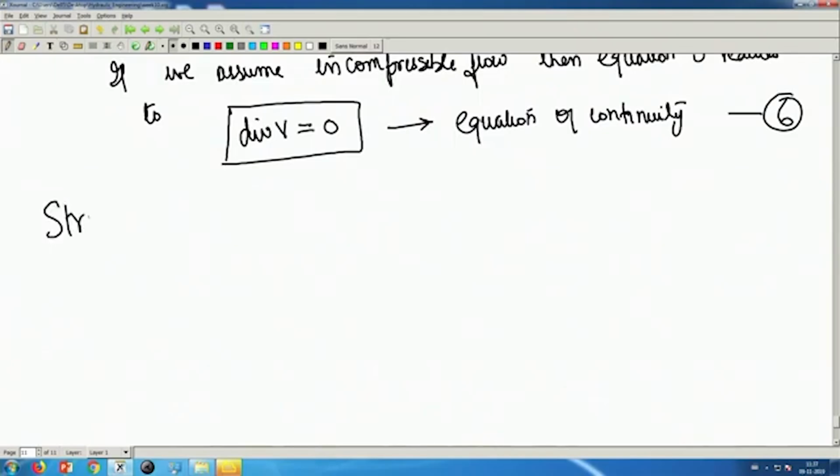So, we look at a related concept called a stream function now. What is a stream function?